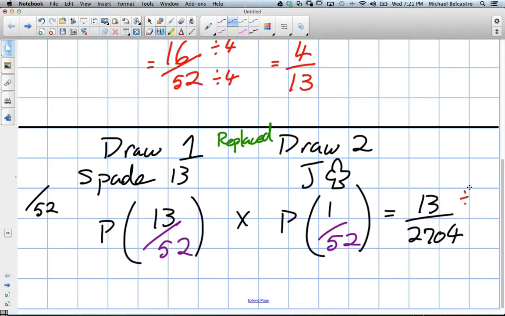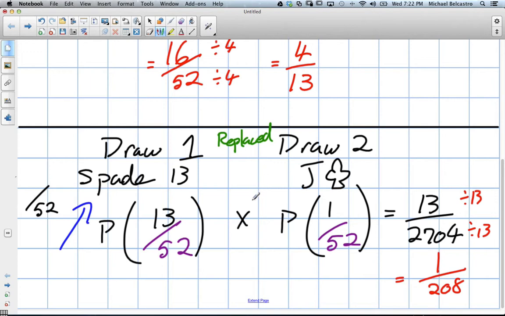We can actually divide the numerator and the denominator by 13. And when we do that, 13 divided by 13 gives us a value of 1. And 2,704 divided by 13 is 208. So the probability, and it makes sense, of drawing a spade and then drawing a very specific card is pretty rare. 1 in 208. So you have like a 0.05% chance of actually doing this. It's pretty tough to do something like that with cards.